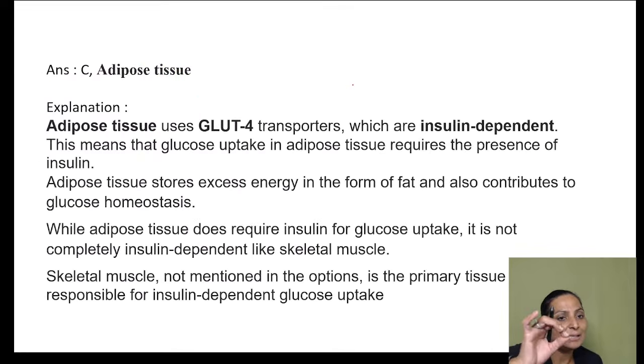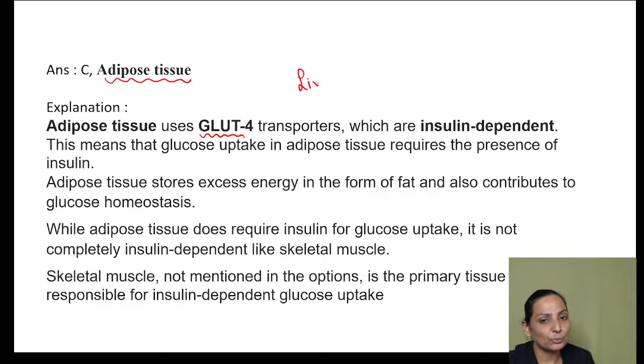So already we've discussed insulin dependent glucose uptake is seen in adipose tissue, skeletal muscles and liver. So the best option is adipose tissue because it is using GLUT. In the liver also insulin stimulates the glucose uptake, but it is not through GLUT, it is by increasing the activity of the enzyme hexokinase.